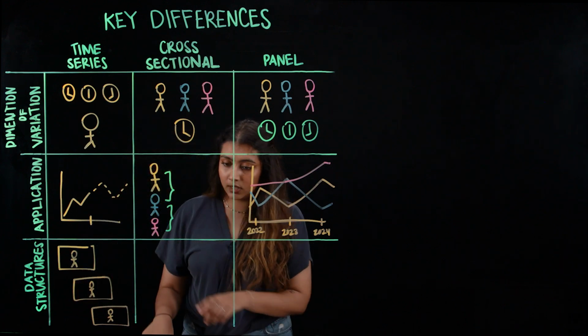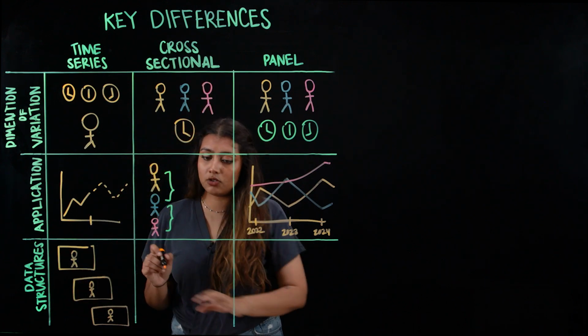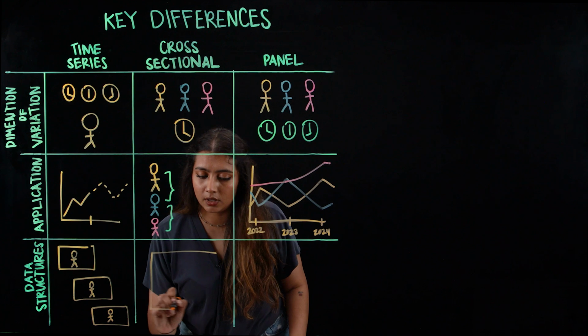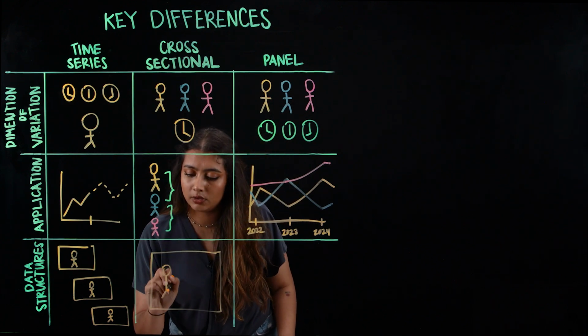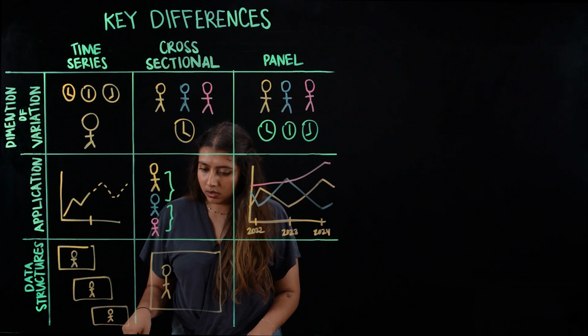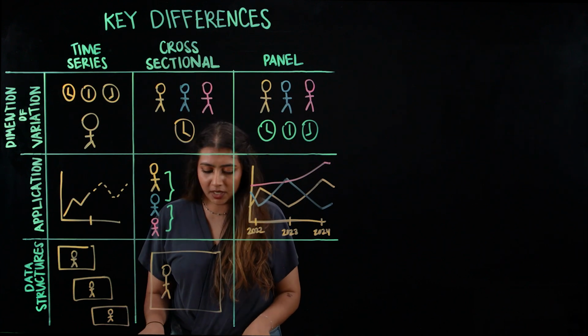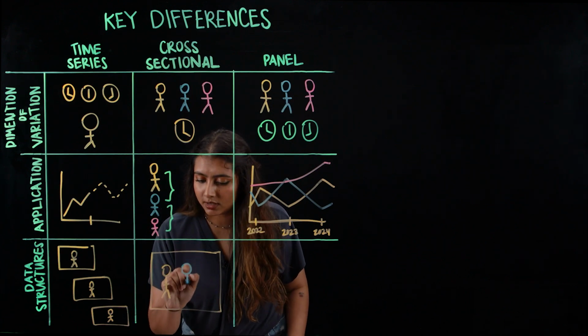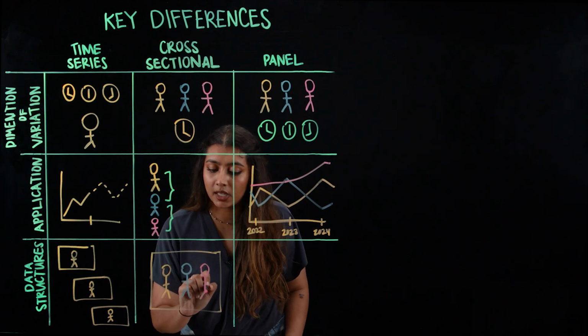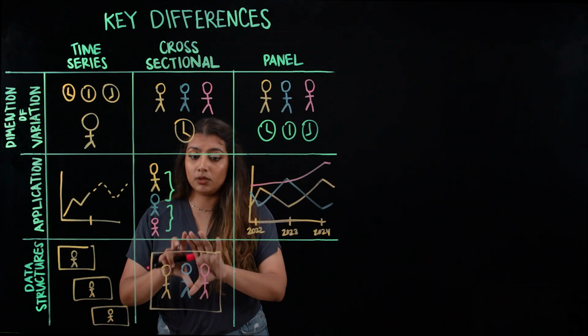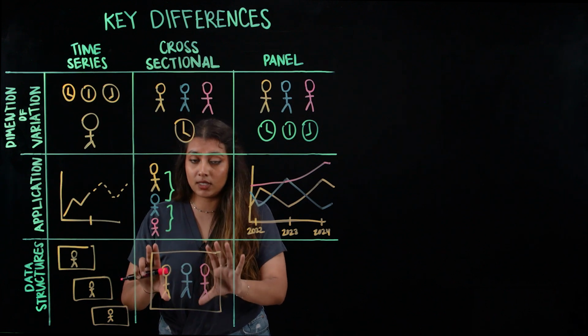Whereas for cross-sectional data structures, it's going to be a little bit larger, and we're going to look at Bob. Oh, I keep saying Joe. I mean Bob. I'm giving them identity crises. Bob, Joe, and Liz, but we're looking at them all at one time. So it's just one single snapshot.